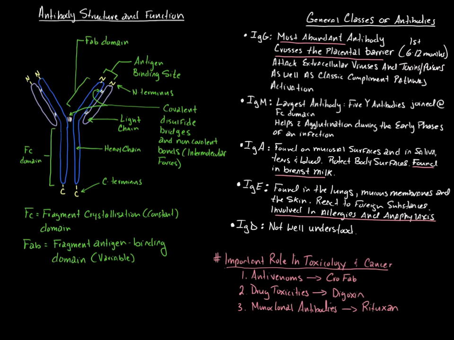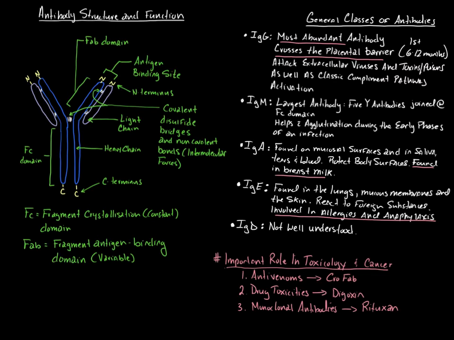And remember, Ig stands for immunoglobulin, and immunoglobulin is just an antibody. I'm going to start, not in alphabetical order, but with the most abundant antibody in the body, and this is IgG. It is the most prevalent throughout our body, and what's important is it can cross the placental barrier, so newborns can have some of mom's antibodies and get some temporary immunity.